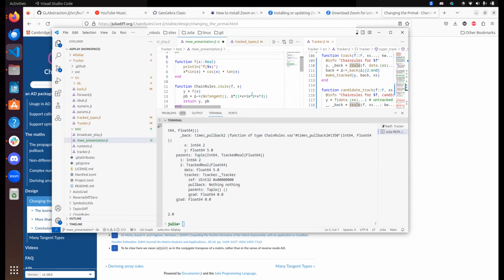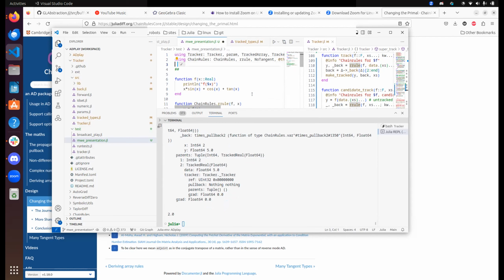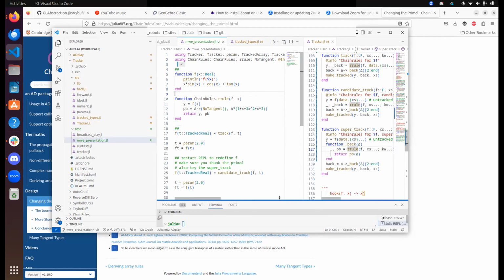Now we want to do some second orders. And here I had issues. It's difficult to have them with the current ChainRules. Now I want to show you why. So I created a function called f, and this function is this expression. We don't care too much about it for now.